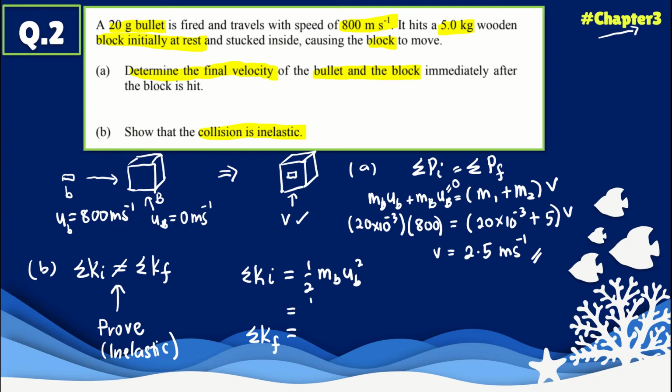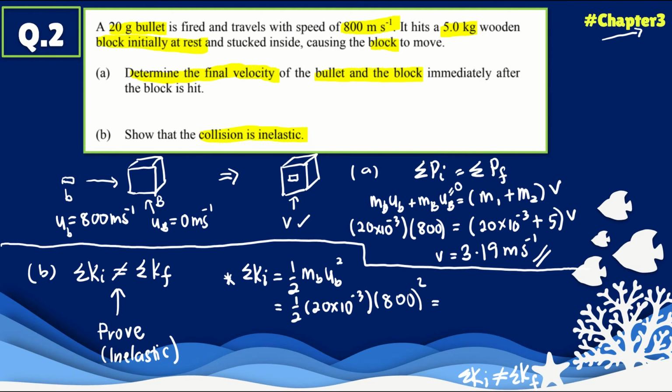Substitute the values: M bullet is 20 times 10 to the minus 3, U bullet is 800 squared. Don't forget to square the 800. Then you will get 6,400 joules.